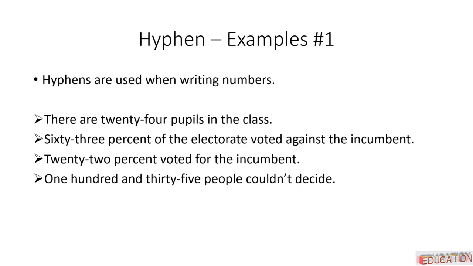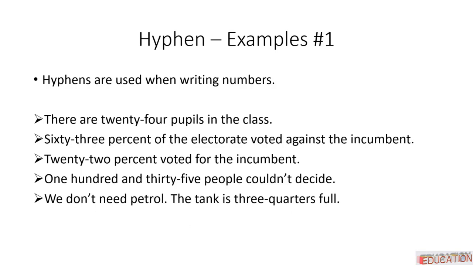In this example here, we only see the hyphen around the 35. There's none around the 100. It's only really between 21 and 99. And also for fractions. We don't need petrol. The tank is 3/4 full.